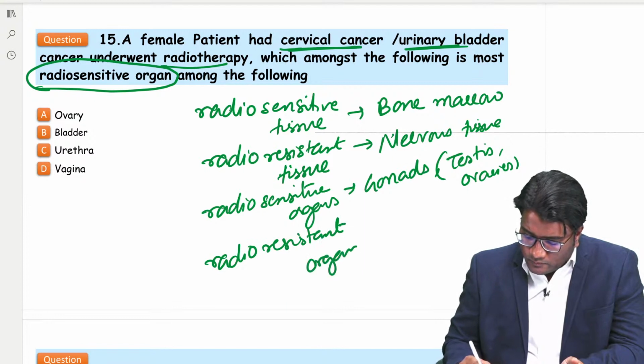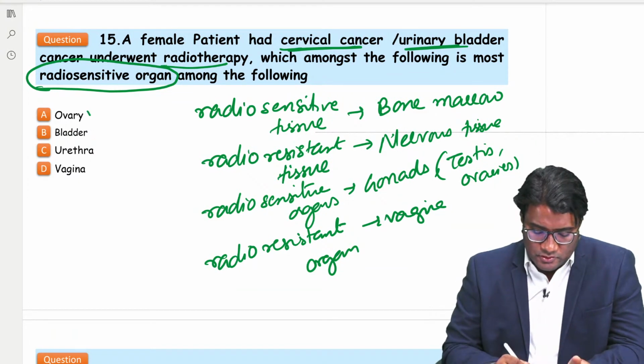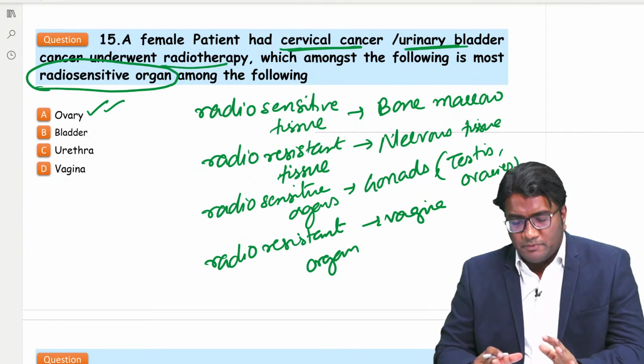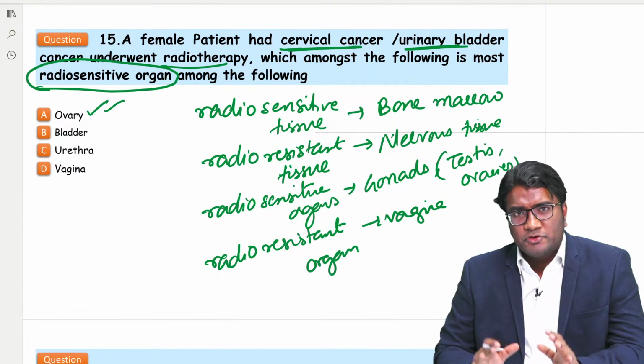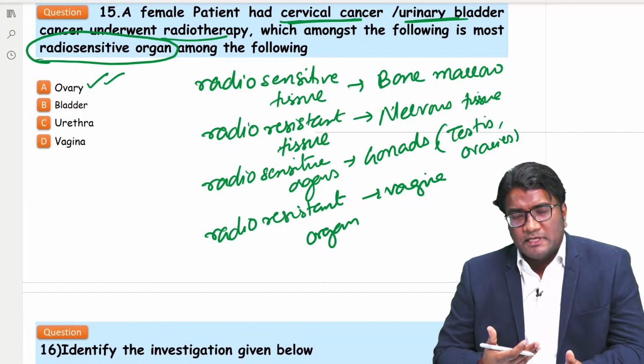It is your vagina with the stratified squamous epithelium around it. Vagina is a radio-resistant organ. So the answer here should be the ovaries, right? So clear cut. In radiotherapy, you learn all of this, very standard. They asked you the same thing, and the most radiosensitive organ while performing radiotherapy would be your ovaries or your gonads, which have all those stem cells, dividing cells, right?